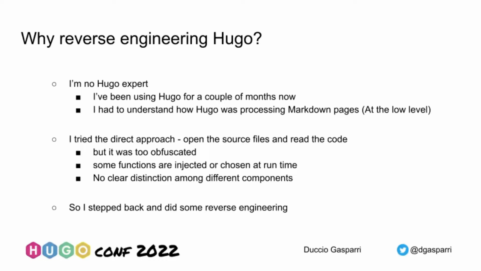Some functions are injected or chosen at runtime, and the structure is not really clear and consequential. Pieces are inside other pieces, and in the end, it wasn't an easy task to understand what Hugo was doing at any certain moment. So I went back and did some reverse engineering.